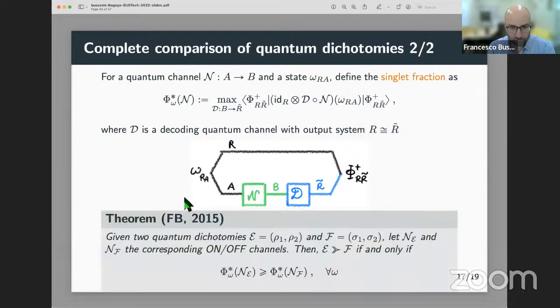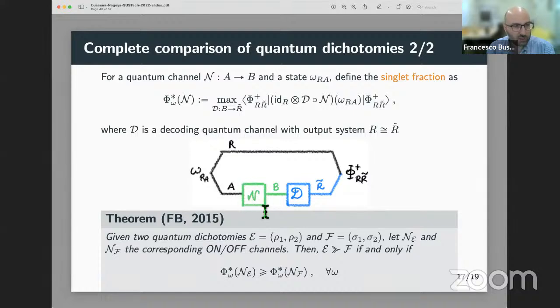Okay, so then there is this theorem that I proved: given two quantum dichotomies, E and F, you see now that rho2 and sigma2 can actually be different, okay? So they need not be thermal. So let E and F be the corresponding on-off channels.